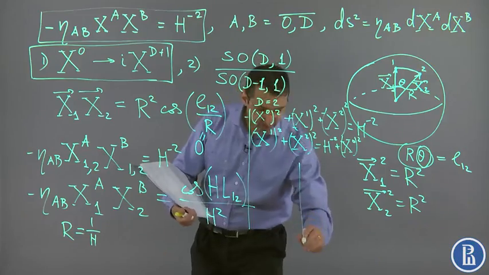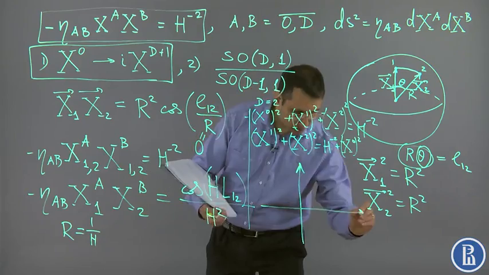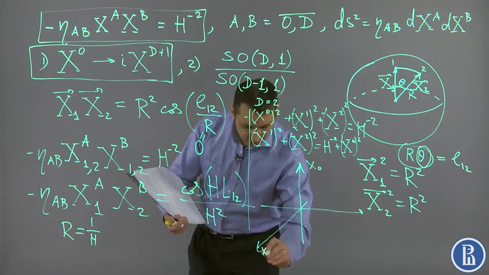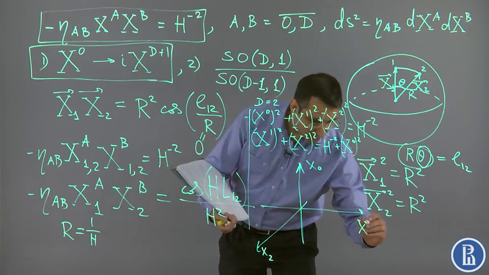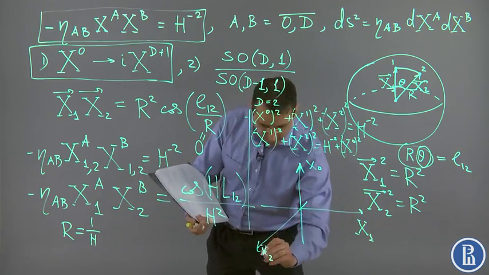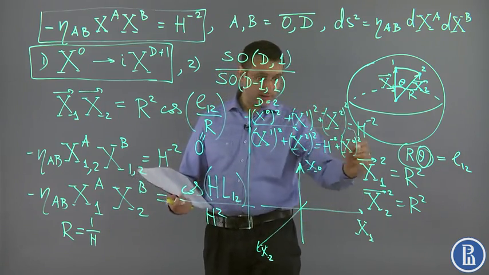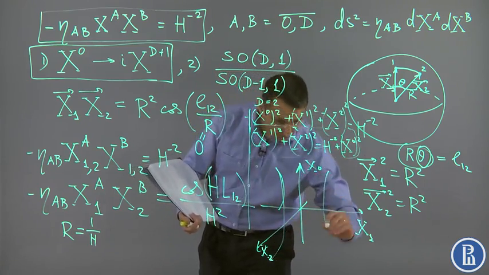So in the space with axes x0, x2, x1, this is nothing but a one-sheeted hyperboloid, as follows.